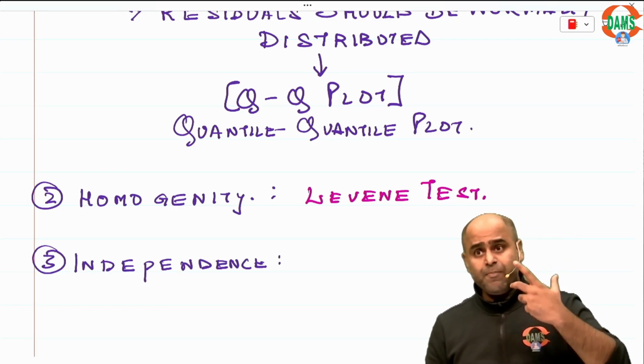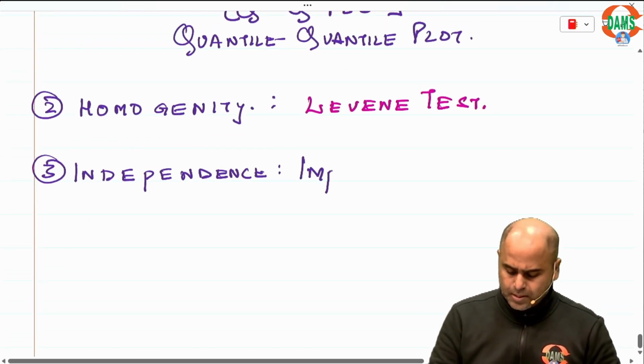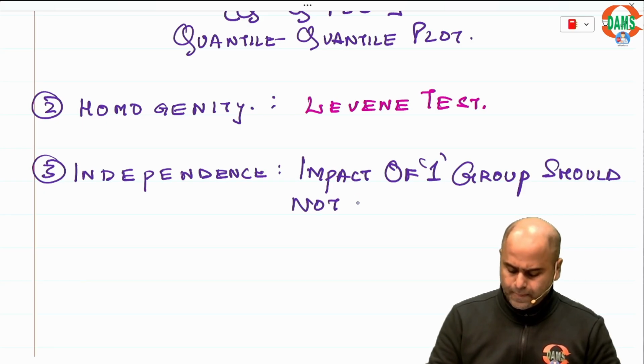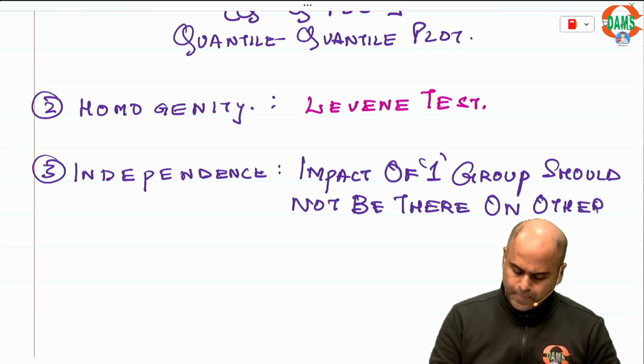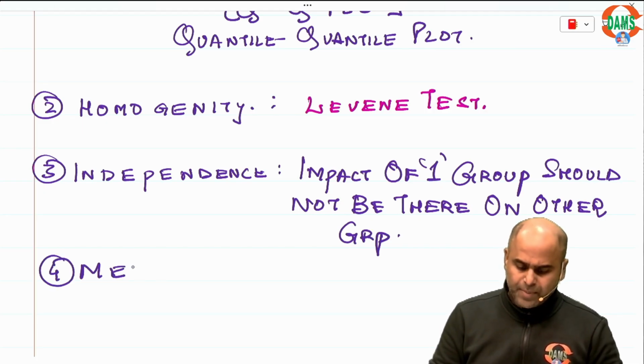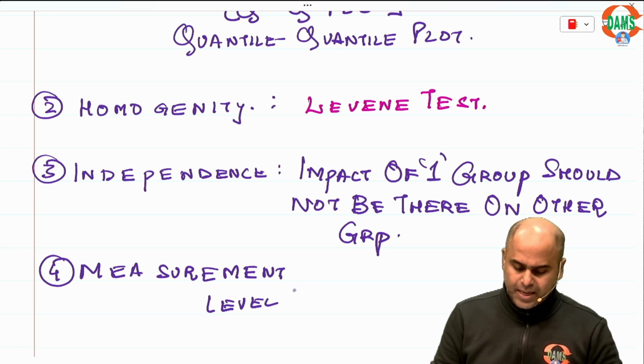That means impact of one group should not be there on the other group. Fourth, the measurement level should be measured in a metric scale.